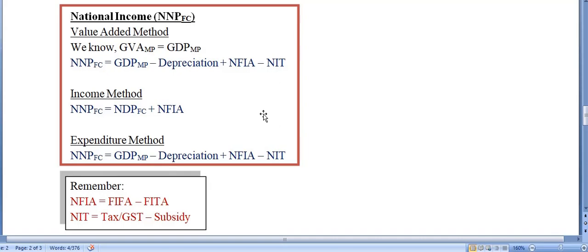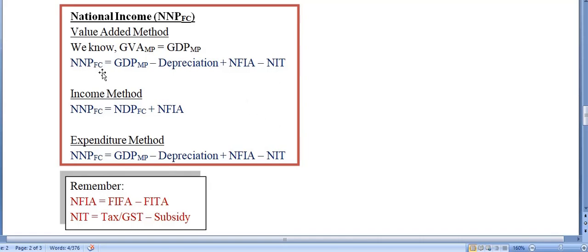Using the income method you get net domestic product; however, it is not gross, but if you add depreciation and NIT you will get GDP MP only. And under the expenditure method also you will get the GDP MP only, but you have to calculate NNPFC, that is the national income. So how to calculate national income?